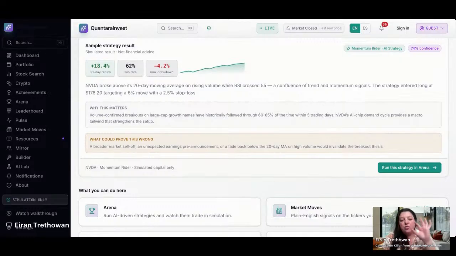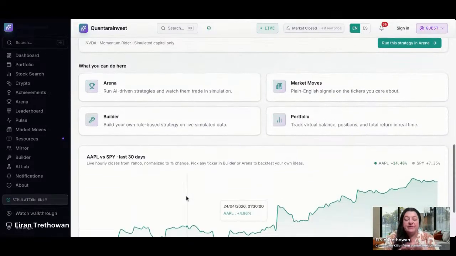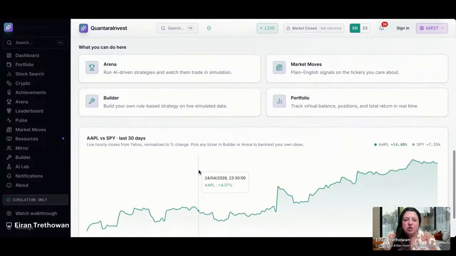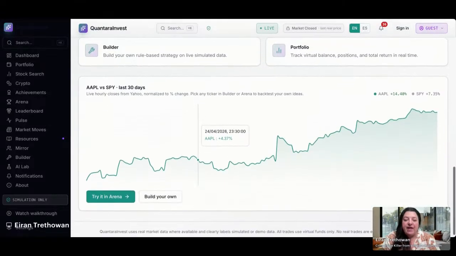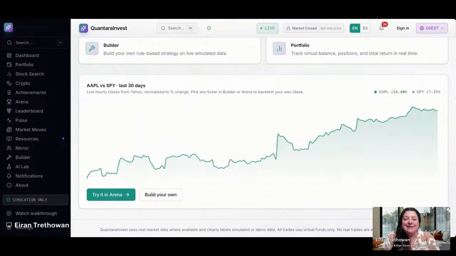It does have a little walkthrough where you can watch. It's very open at this stage, so it doesn't have a paywall. So if you want to go ahead and play with it, feel free. I'm sure Lawrence would love the feedback. What you can do here, obviously, is arena, market moves, builder, portfolio, and then it shows you what happens in the arena.